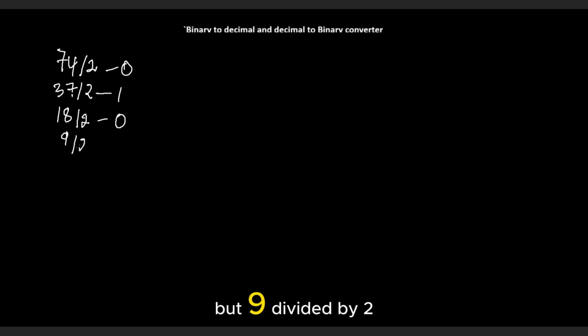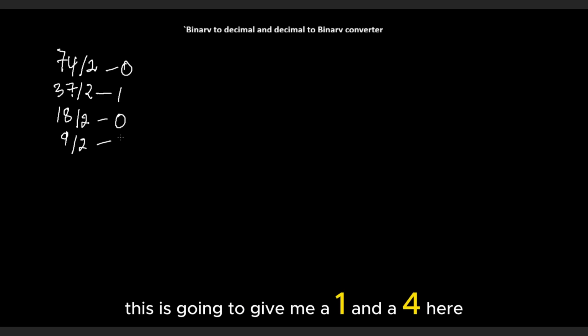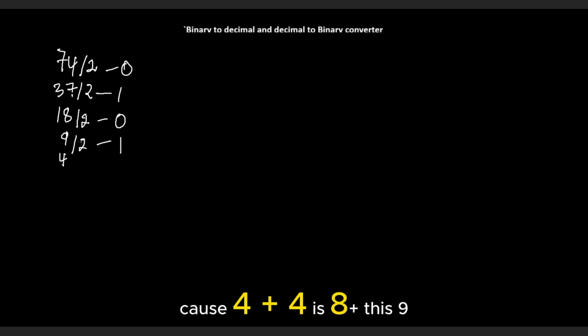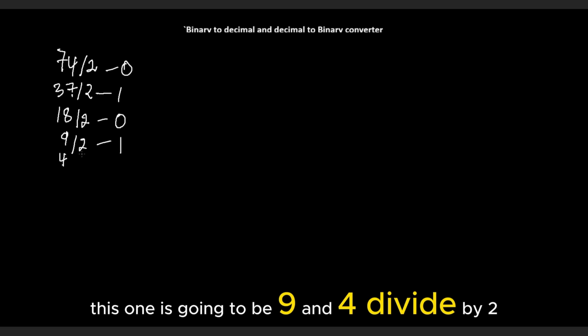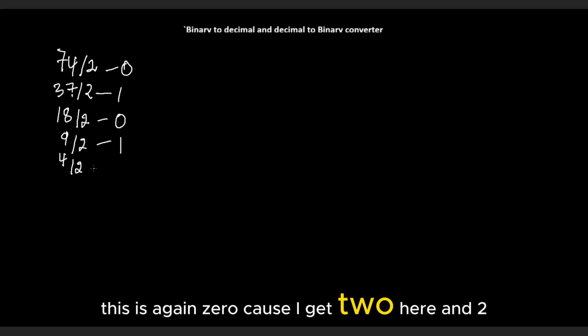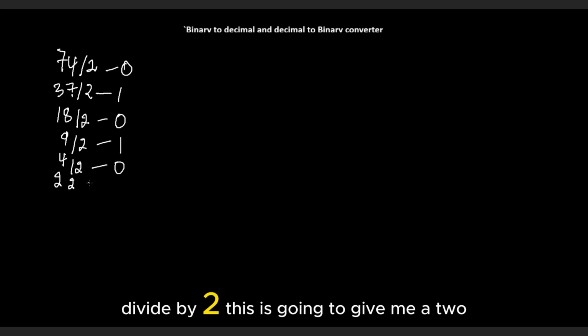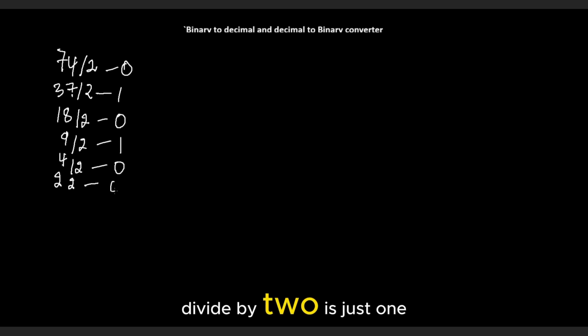But 9 divided by 2 is going to give me a 1 and a 4 here, because 4 plus 4 is 8, plus this 1 makes 9. And 4 divided by 2 is again 0, because I get 2 here, and 2 divided by 2 is just 1. I don't have anything here.